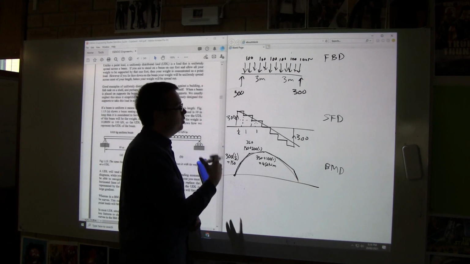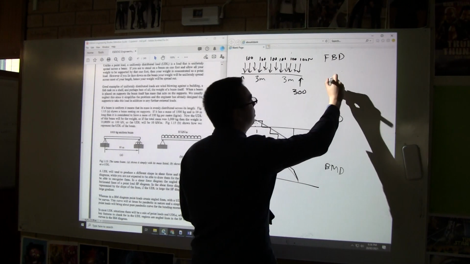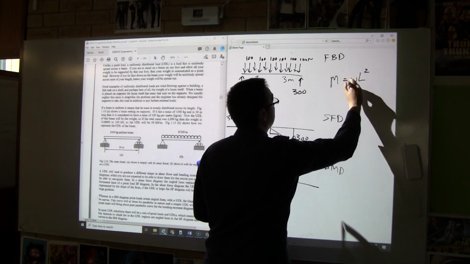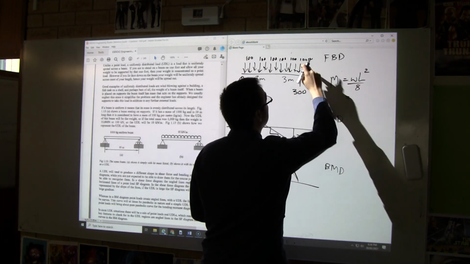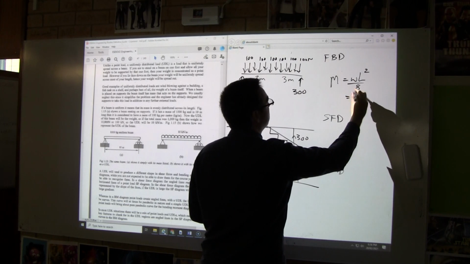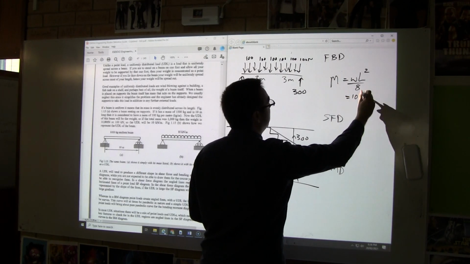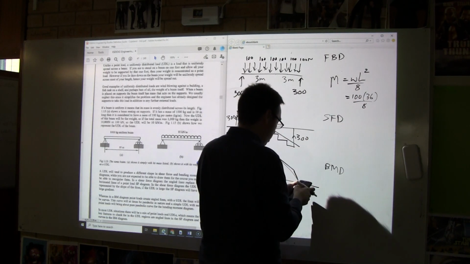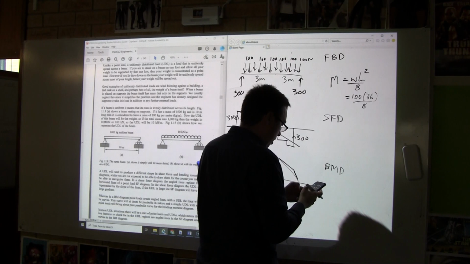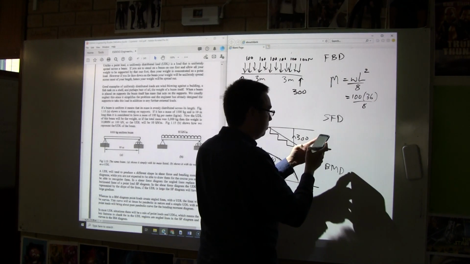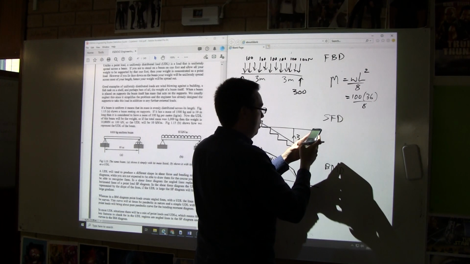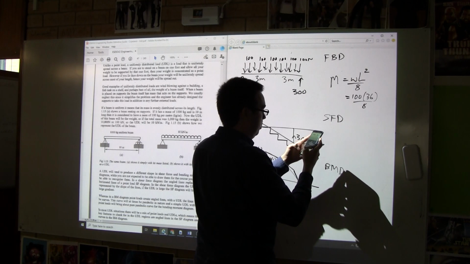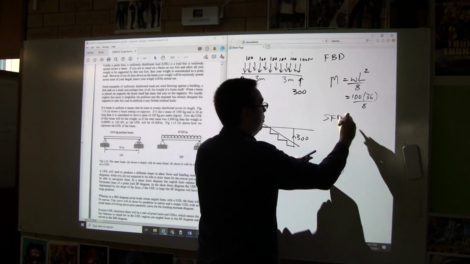Now, for me, to show, there is a formula that's commonly used, which is M equals wL squared on 8. So if you knew it was 100 newtons per meter, you'd write 100 newtons per meter times 6 squared, which is 36, divided by 8. Let's see how close that number is. 100 times 36 divided by 8 is 450.